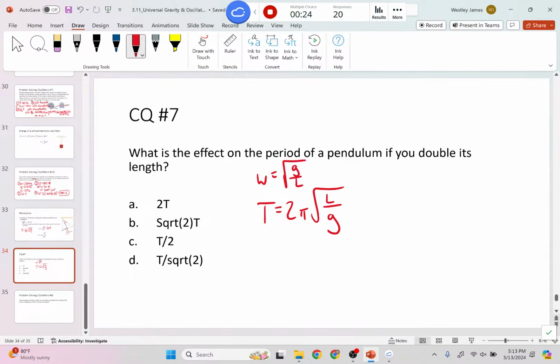Which one do we use? And honestly, if you just remember one of these, you can go between all the other ones. Frequency is omega over 2 pi. Period is 1 over f. So it's really easy to derive the rest of these if you just remember those relationships.